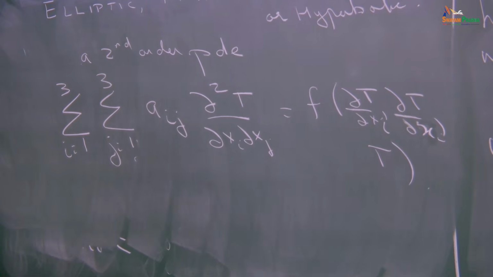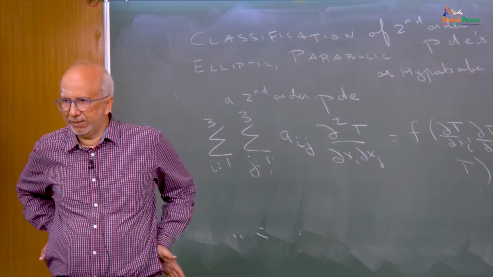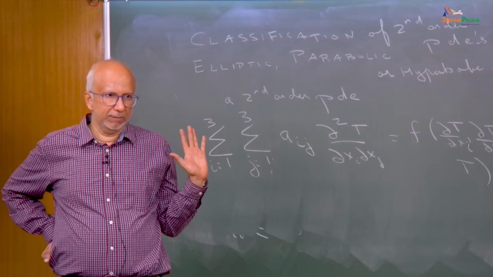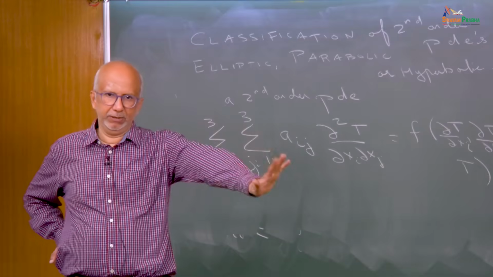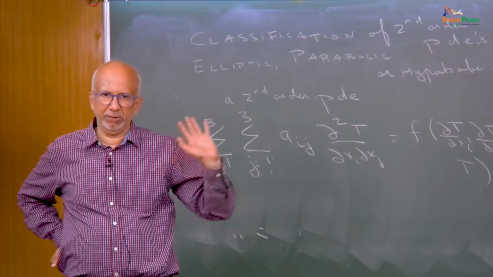What have I done? If I have a second order partial differential equation, I am writing all the second order terms on the left, and all the first order terms and the terms without any derivative I am writing on the right hand side.